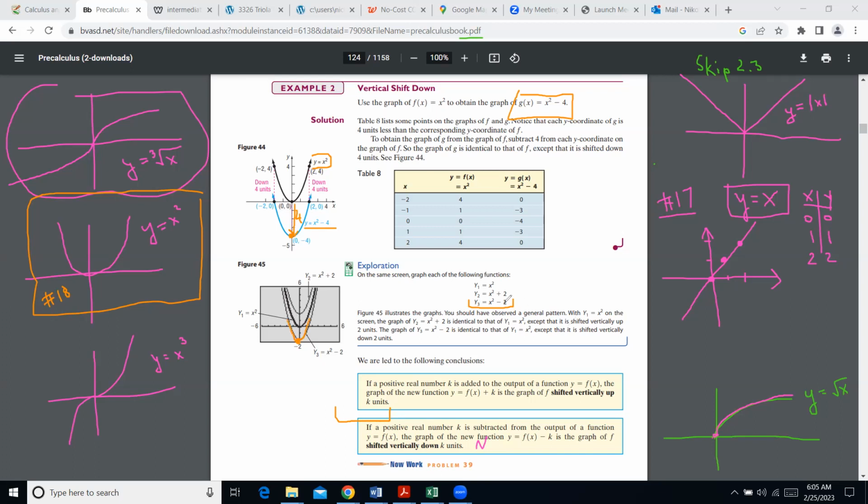That's a very interesting observation, and it is also very useful for graphing. Whenever you have a parabola and some number added to or subtracted from it, you move your parabola up or down. Like in the example here, it was x squared plus 2. Now your parabola is moved upwards, so it is 2 units up.